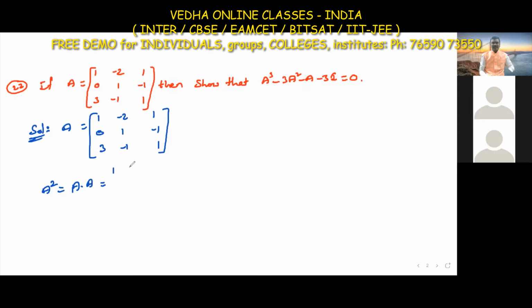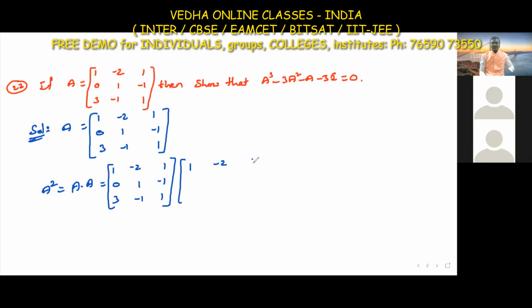A into A. That means [1, -2, 1; 0, 1, -1; 3, -1, 1] multiplied by the same matrix again.